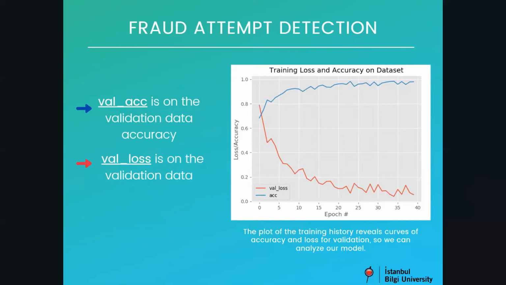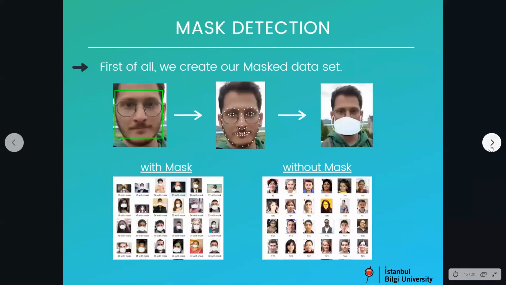Okay, let's continue. Mask detection. Nowadays, the COVID-19 virus has surrounded the world, and people have to wear masks as a precaution. We have created a mask detector for our program in order to control the mask.